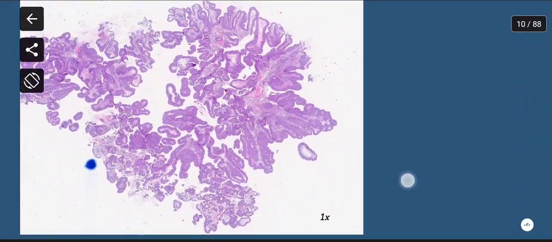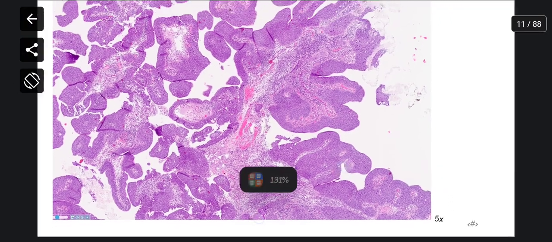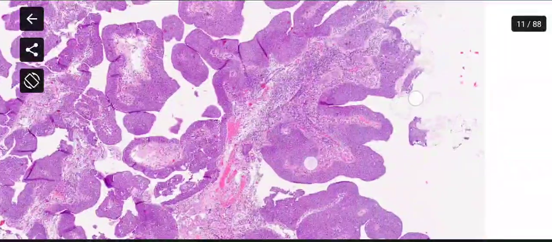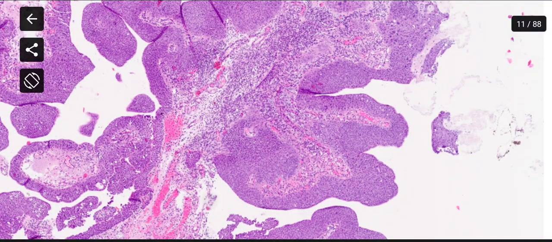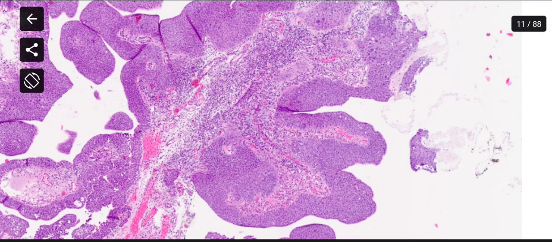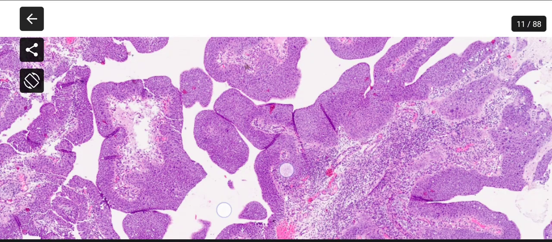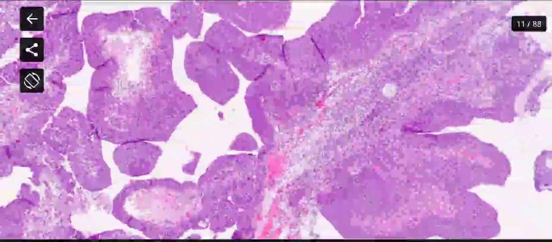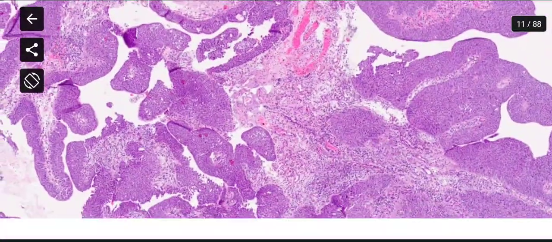Okay, coming to this higher magnification, we see the cell layers are increased in some areas, more than 7 layers in thickness, and lamina propria inflammation is seen.